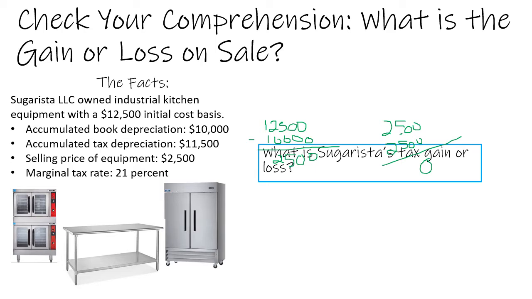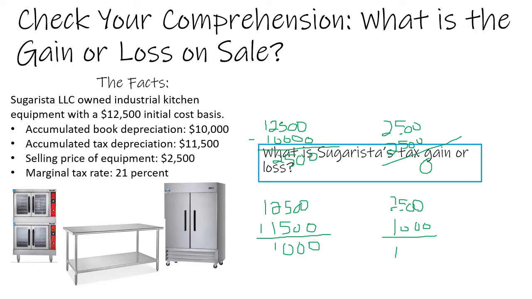But let's look at it from tax purposes. What is her tax gain or loss? For tax purposes, she's recorded $11,500 in depreciation costs, making the equipment worth exactly $1,000. If she sells it for $2,500, she has a taxable gain of $1,500.